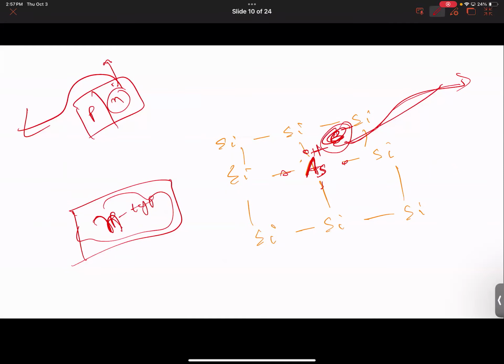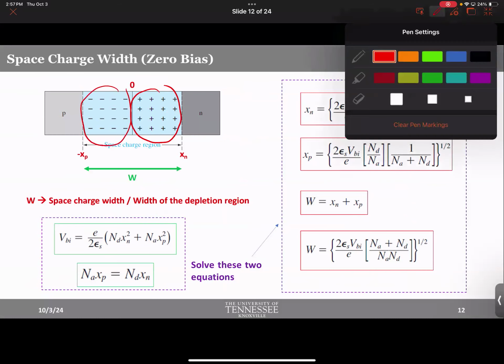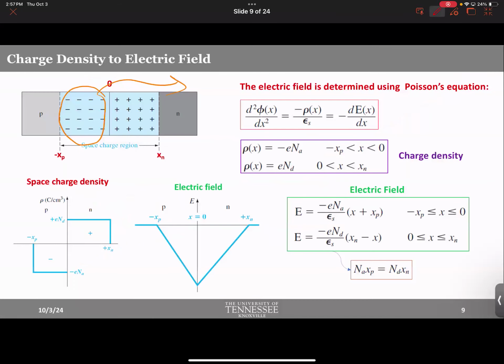But you don't really represent them as charges because the electrons and holes are always there to screen them out. But then when the electrons and holes are diffusing to the other side, they're essentially leaving the picture. And you have these regions that are essentially charged dopant. We discussed this. Please review the last lecture as well. Are you guys all with me so far?